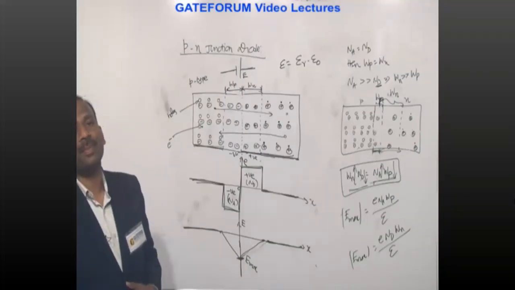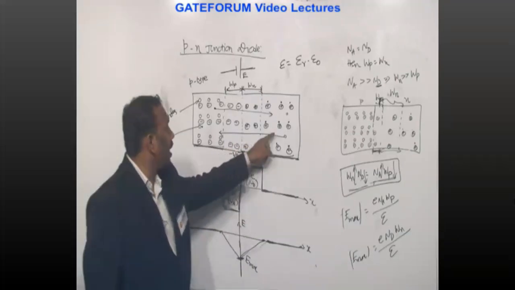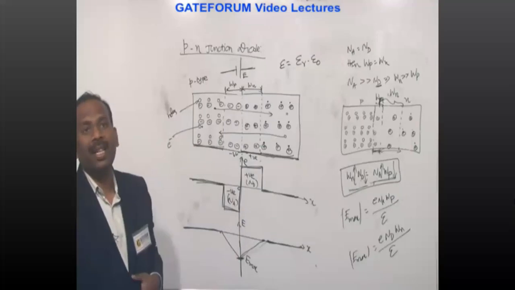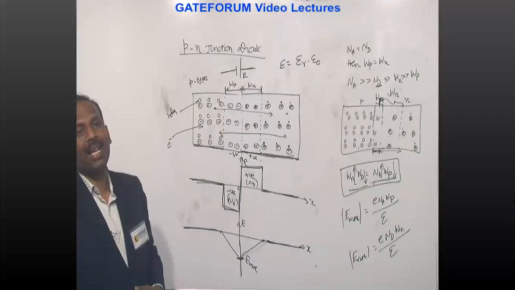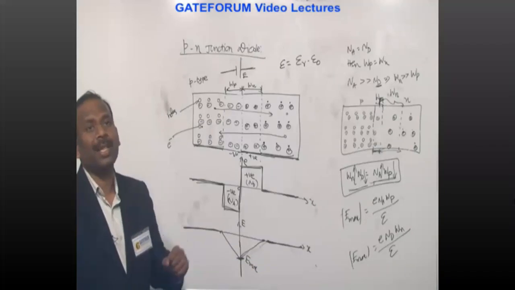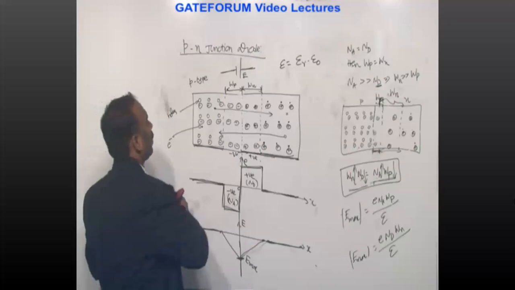Clear? Drift current, what is it doing? It is allowing the minority charge carriers. Drift current is due to minority charge carriers. Diffusion current is due to majority charge carriers. Drift current is due to minority charge carriers. Clear? Next.